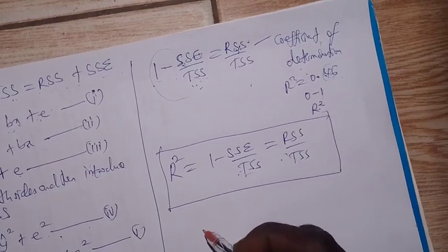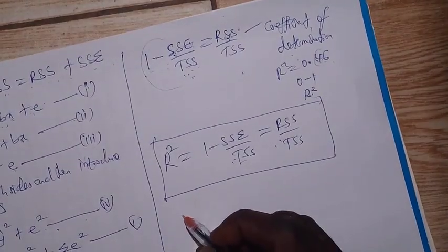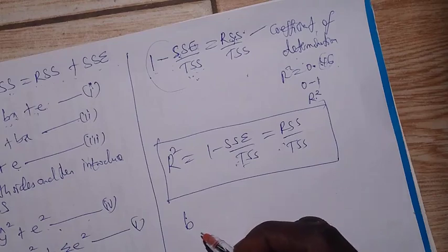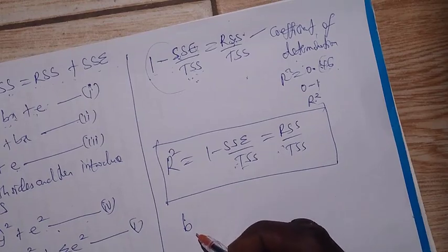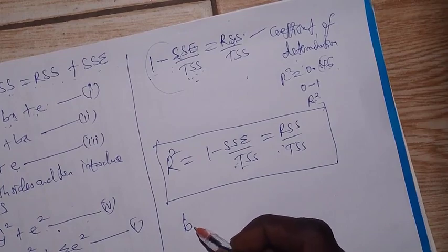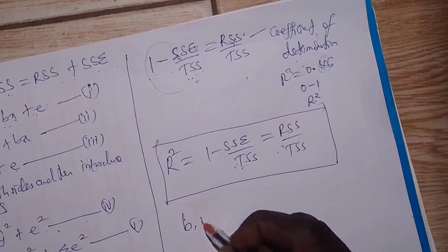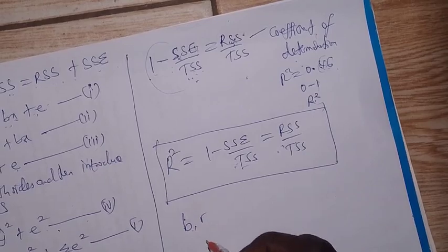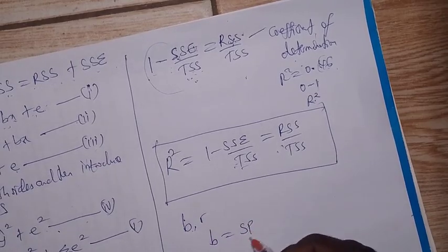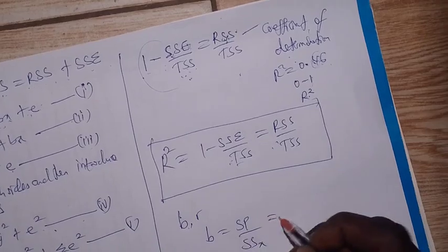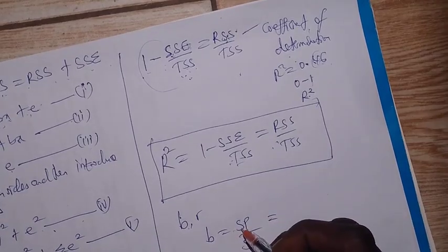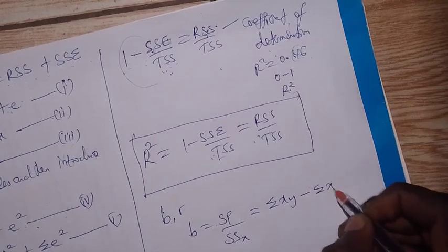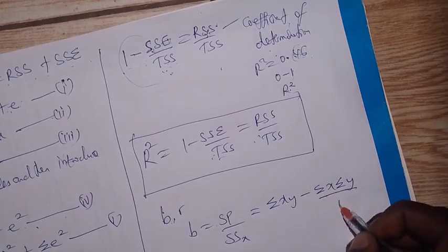And then you have another formula, which is for B. B is the slope coefficient or regression coefficient. B is your regression coefficient, while R is your correlation coefficient, right? If you want to find the regression coefficient, the formula is B is equal to SP over SSX, where SP, the sum of cross products, is summation xy minus summation x summation y all over n, right?